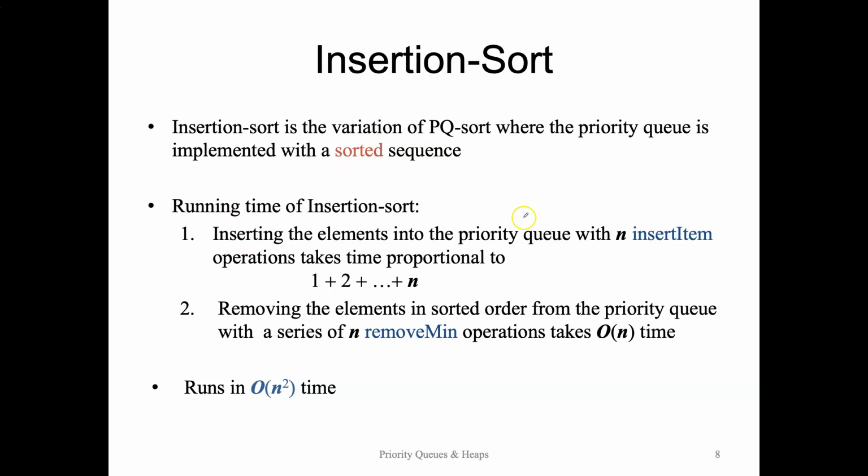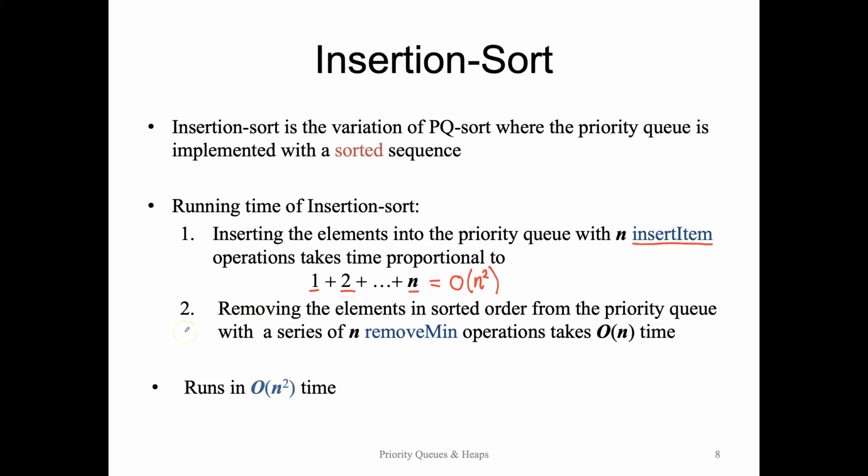Again, we call insert item n times, but in this case, insert item takes time proportional to however many elements we have. In the worst case, we have n elements. Each time we insert, we keep adding elements. The first time we just have one element, then two elements, and then once we insert, we have to scan through 3 elements to find where we should place that item, all the way up until n. Again, remember this is big O of n squared.